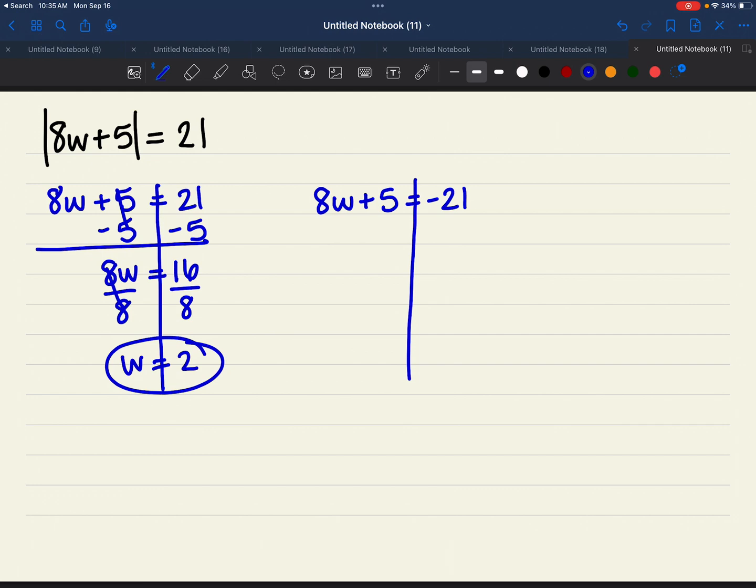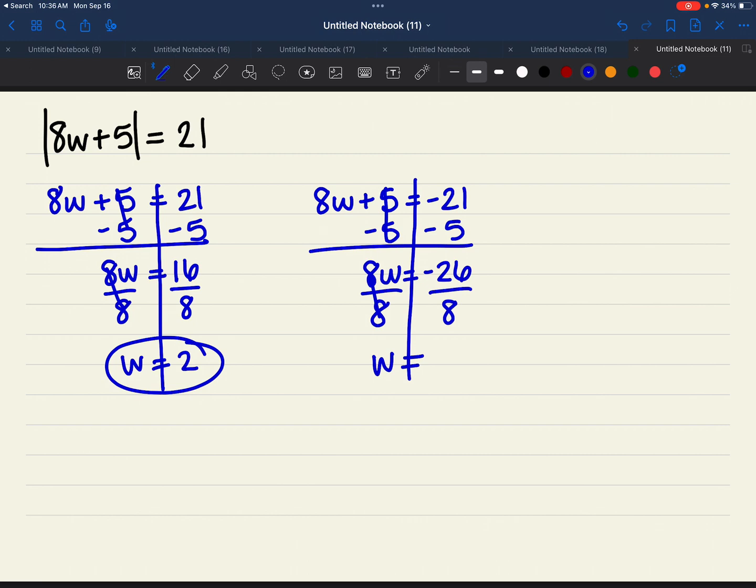So I get w equals 2. Now, am I using these exact same steps on the other side? Minus 5 and divide by 8? Yes, but I'm going to get a different answer. What is negative 21 minus 5? Negative 26. And then what is negative 26 divided by 8?